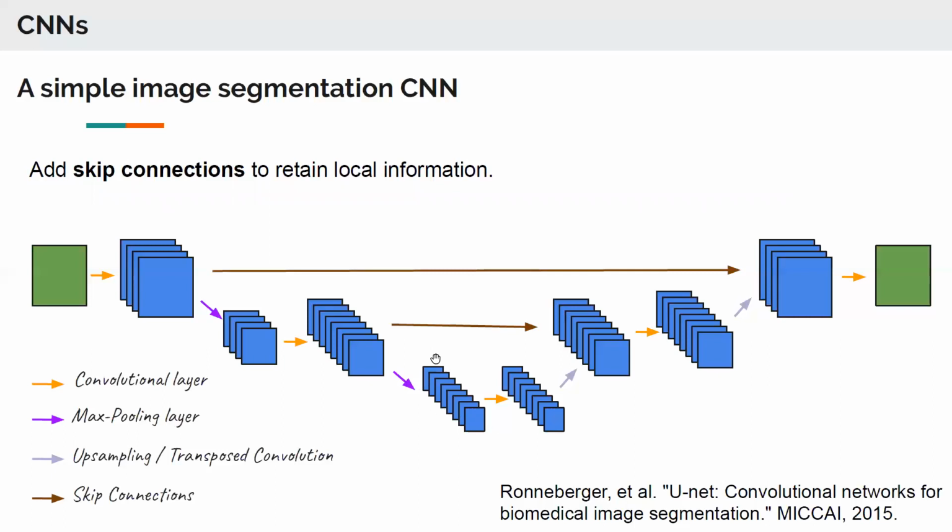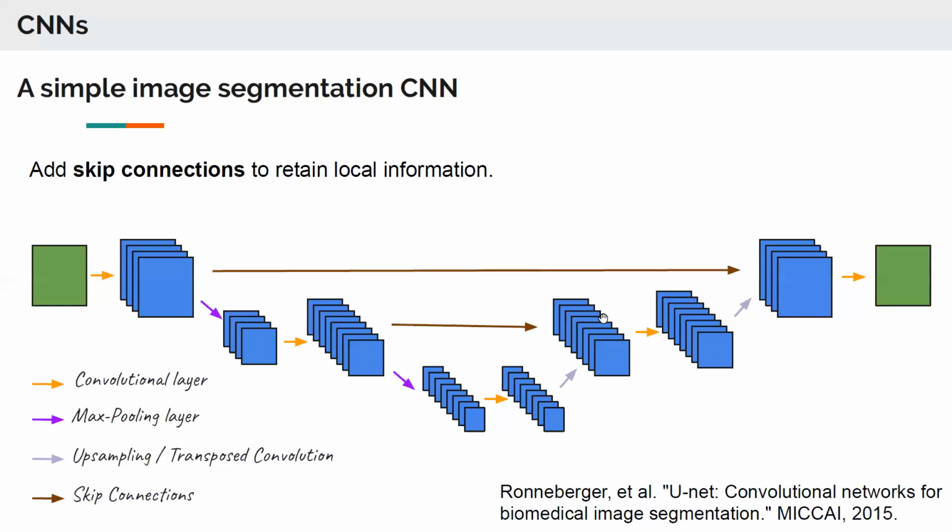What they propose is simply to add a connection here which takes these feature maps and concatenates them to these feature maps. Then this convolution has a number of input feature maps, not just this, but actually this and these. All of them are inputs to this convolutional layer.